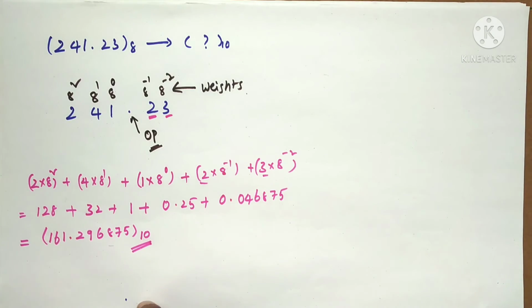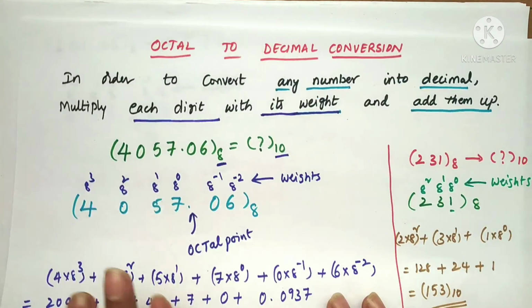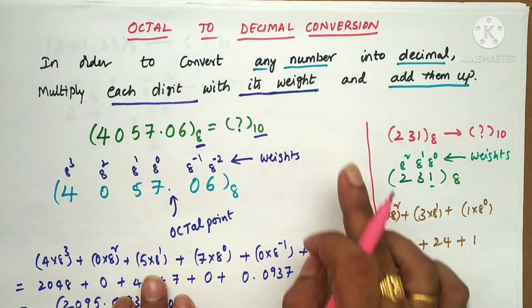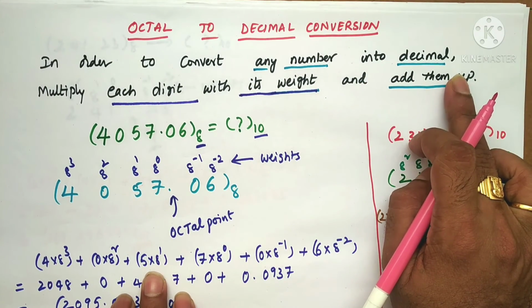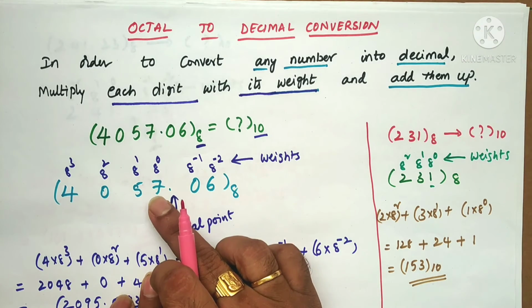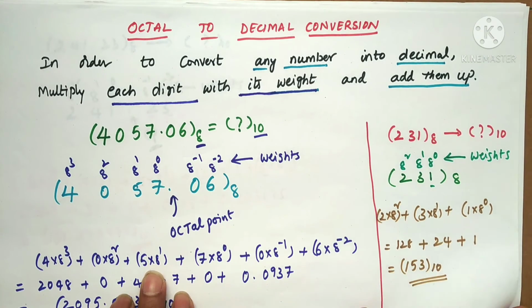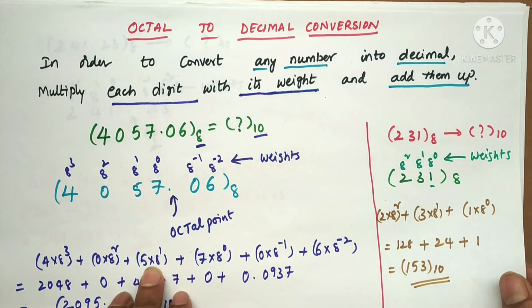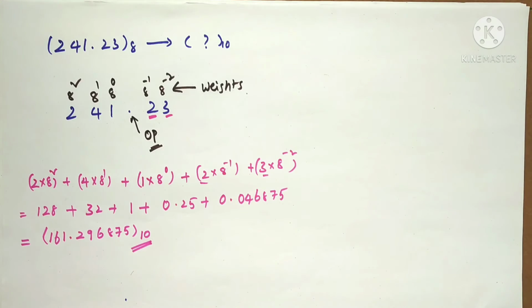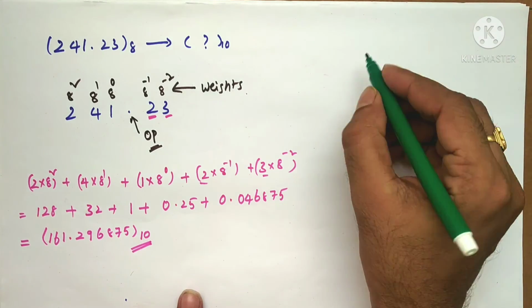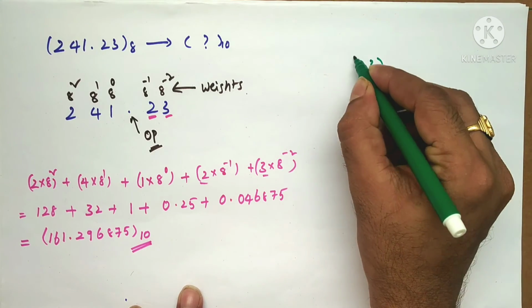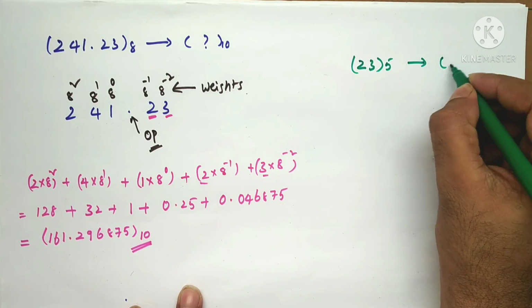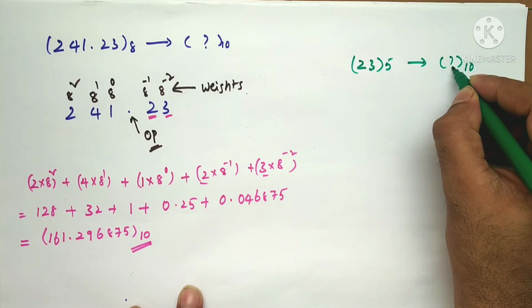So in order to convert any number into a decimal number system, we have to multiply each digit with the weight. Okay, for example, let us take one more problem. For example, I am giving like this: 23 base 5. I have to convert this into decimal number system.